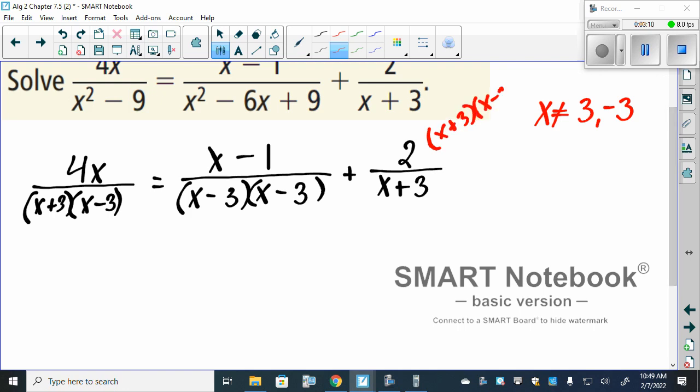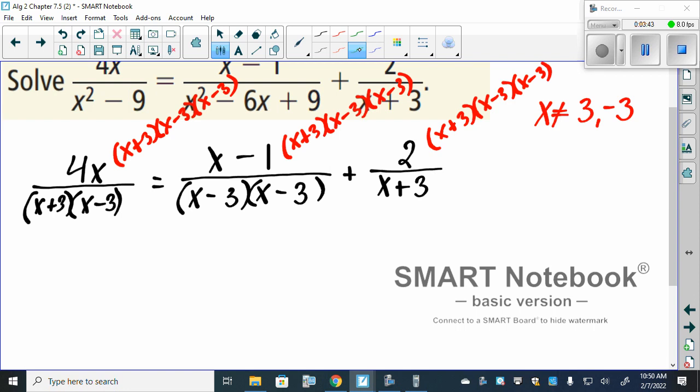An x plus 3, x minus 3, and x minus 3. Over here we'll have x plus 3, x minus 3, and x minus 3. And here we do need x minus 3 twice because the middle term has x minus 3 in the denominator twice. So we need it twice.